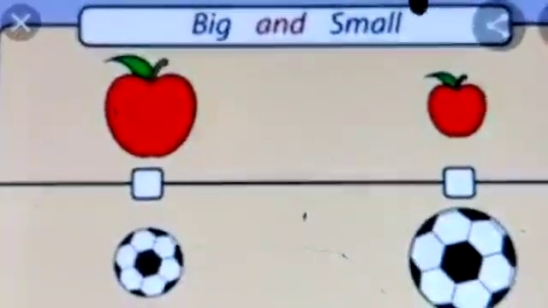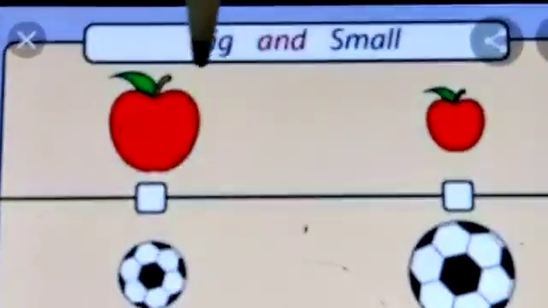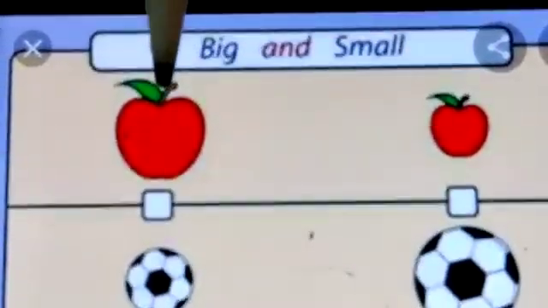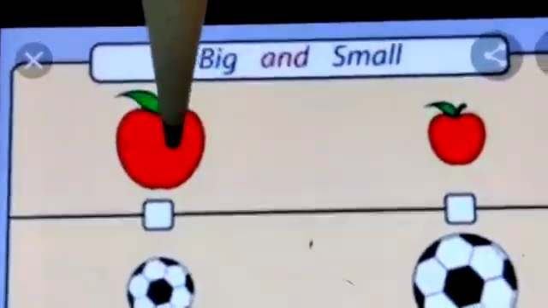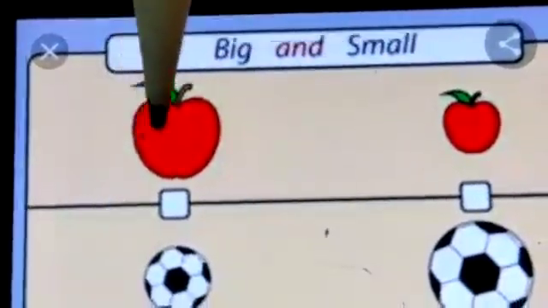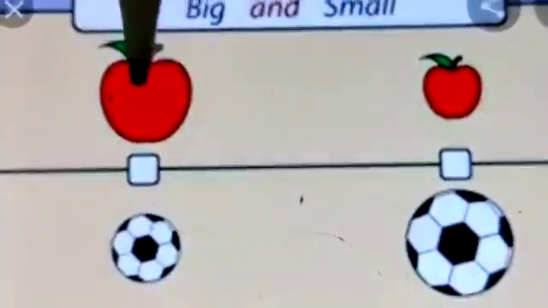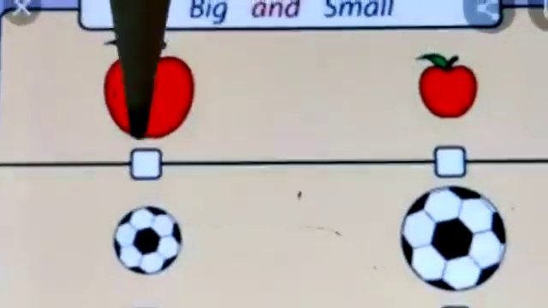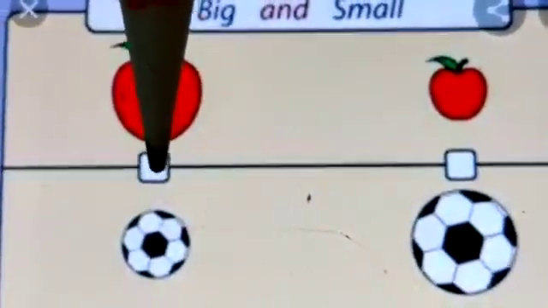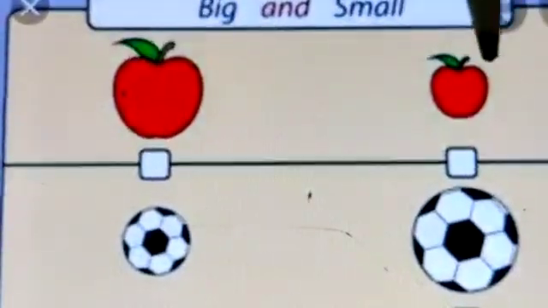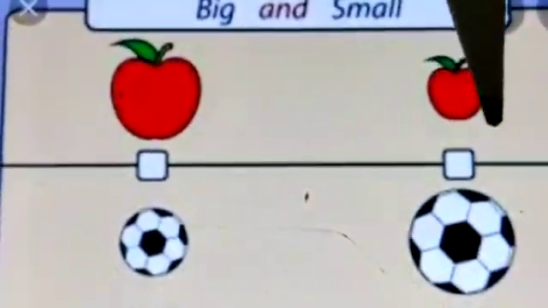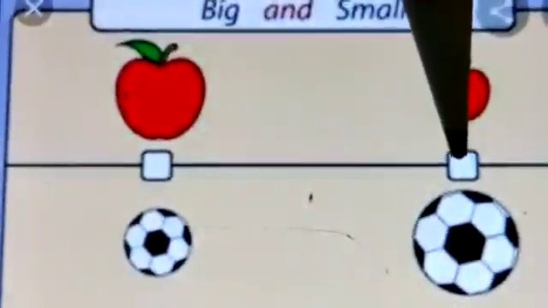For the smaller object we will write S and for the big object we will write B. Now from these two apples, tell me which is big. Is this apple big? Yes. So here we will write B and this is small. So here we will write S.